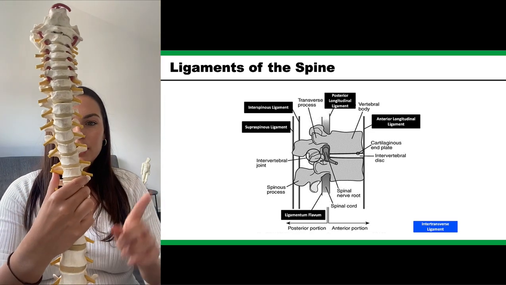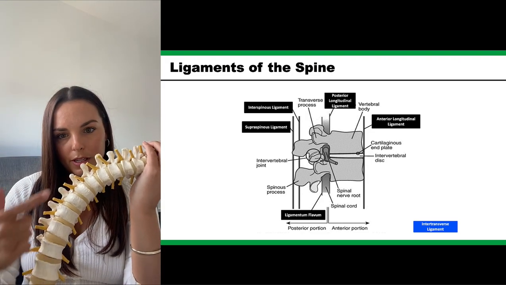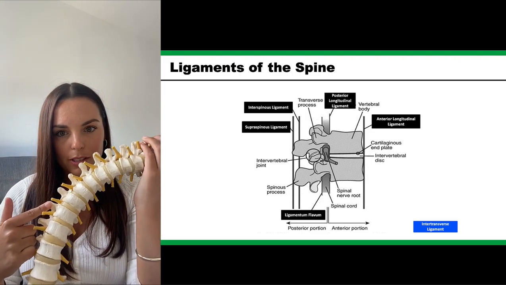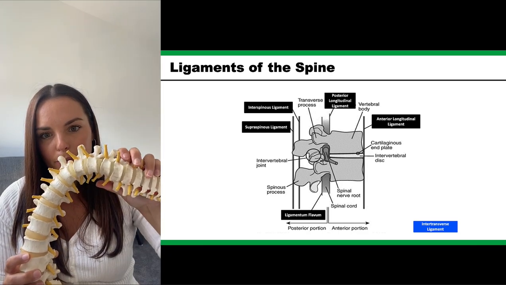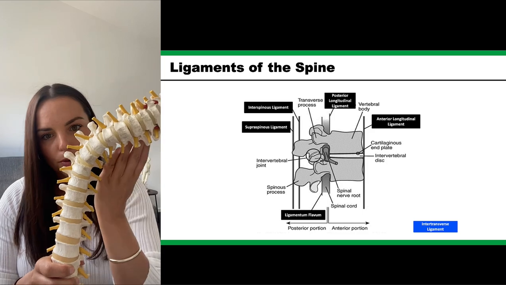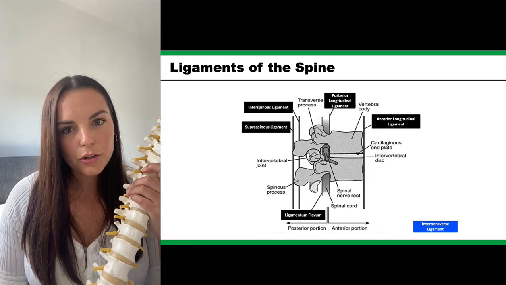So if I laterally flex the trunk this way, it's going to be the opposite intertransverse ligaments that get pulled tighter. These ones aren't getting pulled tight, these ones are getting compressed together, so they're not doing anything at all on this side. So it's the opposite intertransverse ligament.